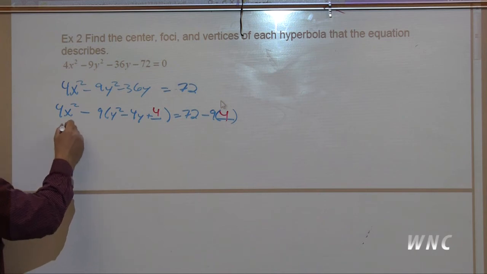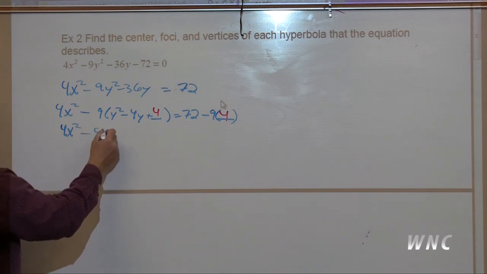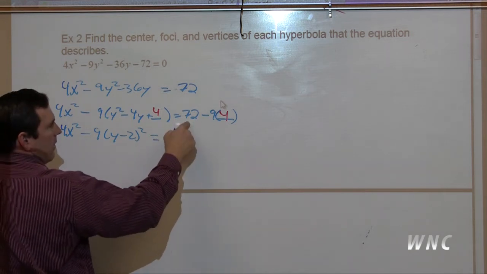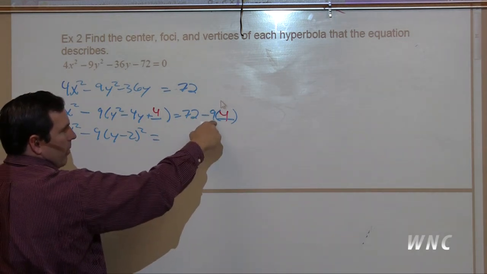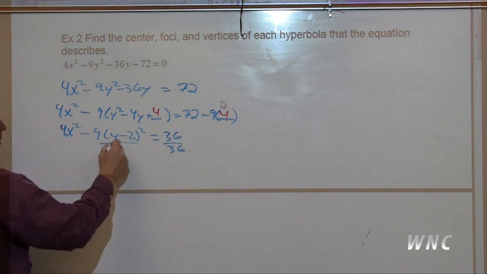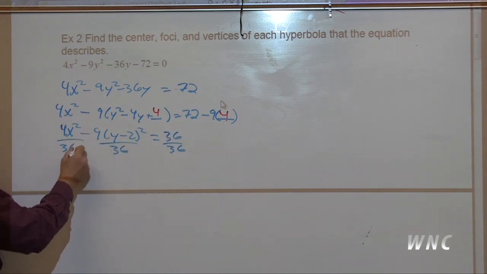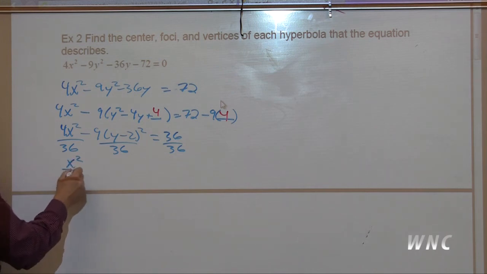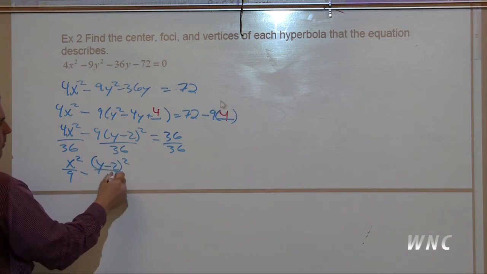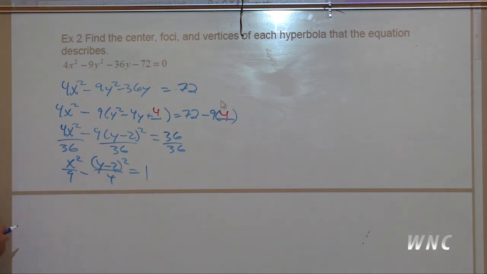So it's 4x squared minus 9 times the quantity y minus 2 squared equals 72 minus 36. We divide by 36. We have x squared over 9 minus (y minus 2) squared over 4 equals 1.